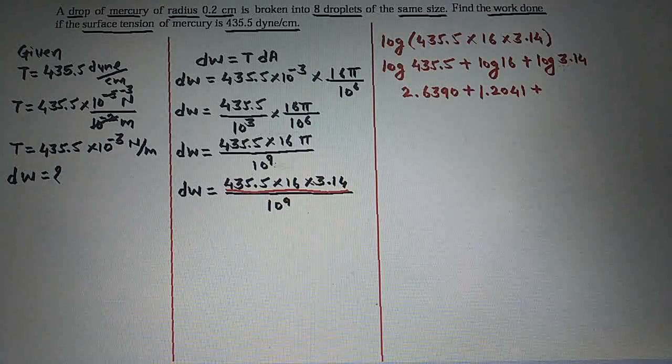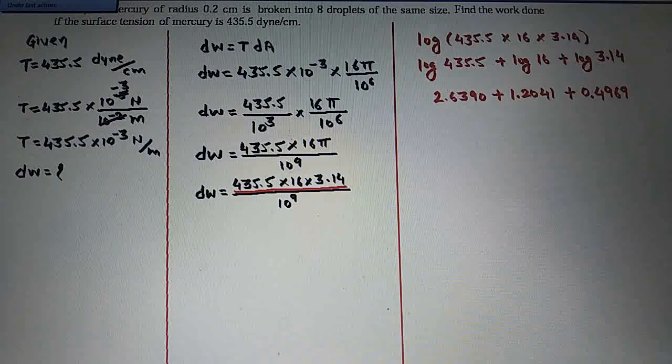So there is only 1 digit in the integer part, so the characteristic will be 1 minus 1, 0 point. We will find out the mantissa of this 314 here, and that mantissa is 4969.